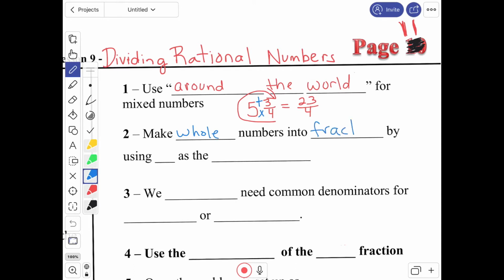We're also going to make whole numbers into fractions by using 1 as the denominator. The best part is we do not need common denominators for multiplying or dividing.